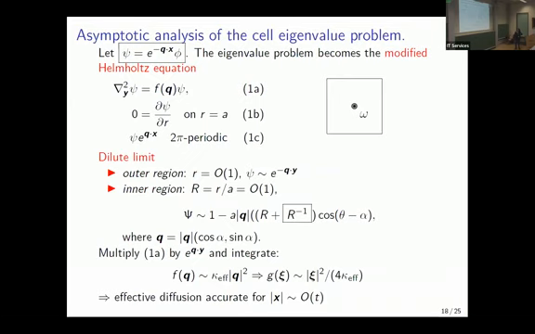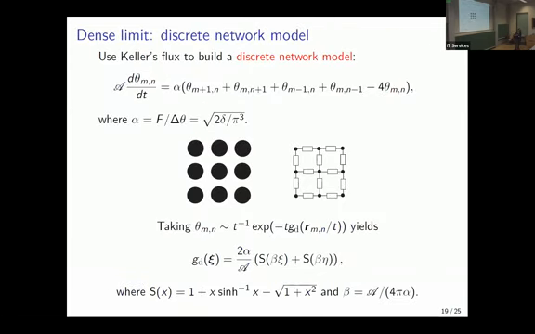Okay, so this explains why the numerical results were always very well described by the effective diffusion approximation in the dilute case. In the dense case, one can push Keller's model for the flux a little bit to build a discrete network model.